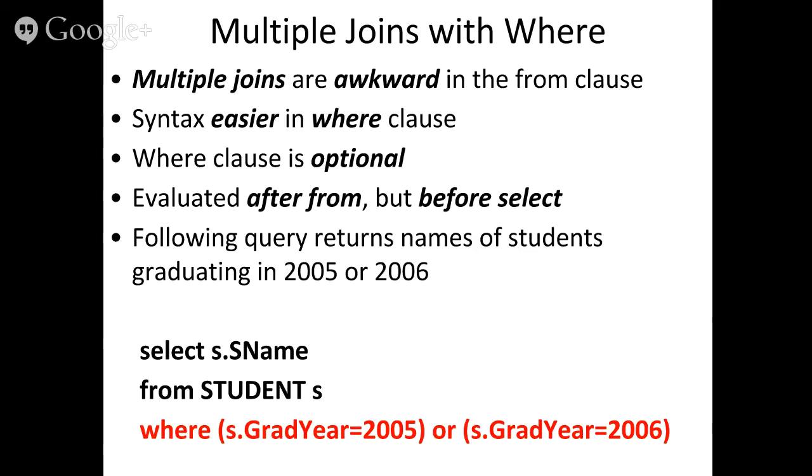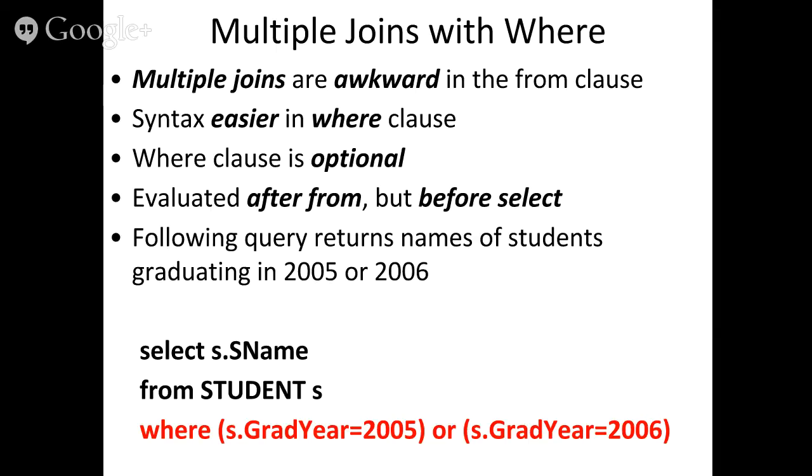The from says these are all the tables that are being considered, and these are all the records that are being considered, and I am cross multiplying all of them. So if we have 40,000 students and we have 20 departments, I am considering 800,000 possible results here in the from.